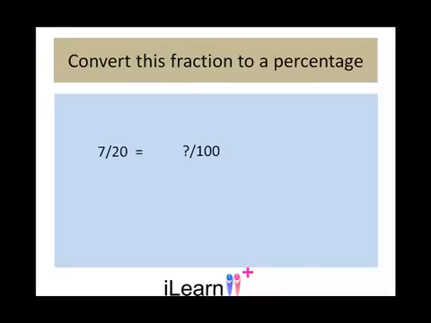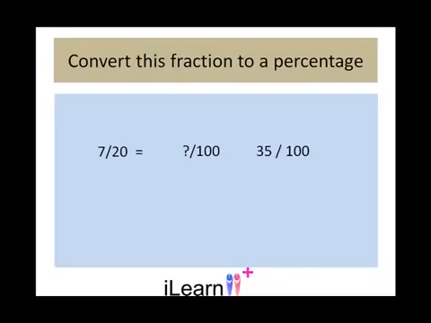Remember to multiply your numerator by 5 as well. So 7 multiplied by 5 is 35. You've done the same to the top and the bottom. Multiplied both by 5.